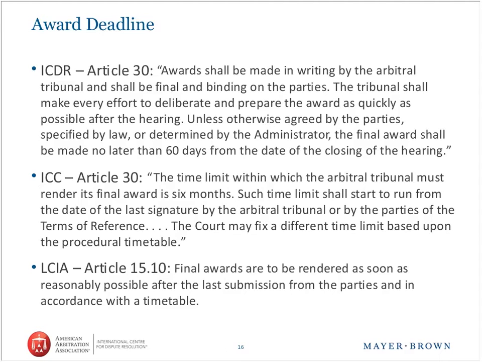We have, you'll see down below, 60 days from the closing of the hearings. That time moves really quickly. We've historically been able to do that. A lot of our international cases come in under the AAA commercial rules, which have a 30-day deadline. So we've done that consistently and haven't really had problems with that.